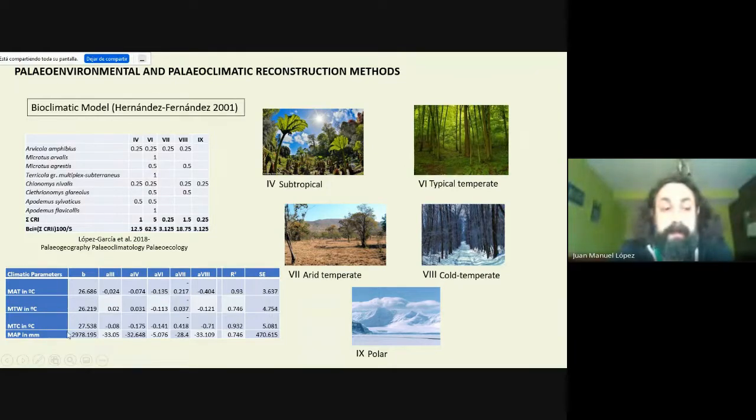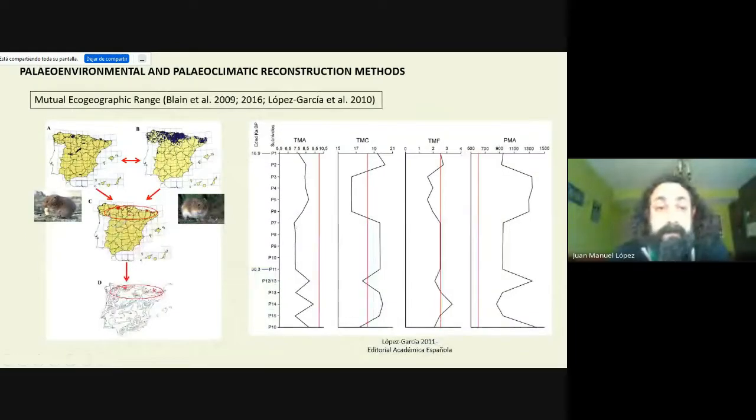After, with linear regressions, we can calculate mean annual temperatures, mean temperatures of the warmest months and coldest months, and mean annual precipitations. Another method that we use to reconstruct the climate is the mutual eco-geographic range, which consists in seeing where a small mammal or small vertebrate association coincides in different points, and afterwards overlapping this intersection with maps of current temperatures and precipitations to make the calculations.